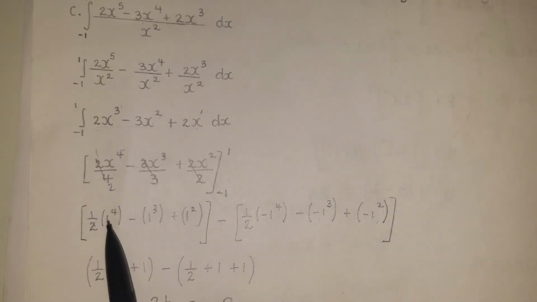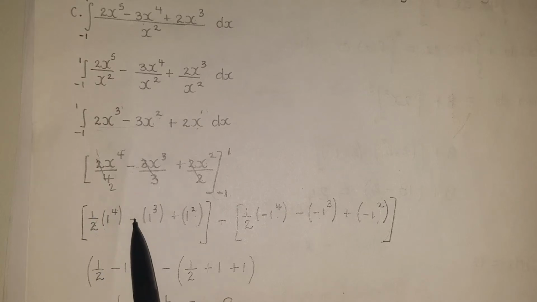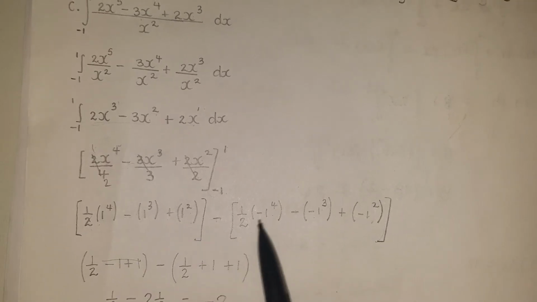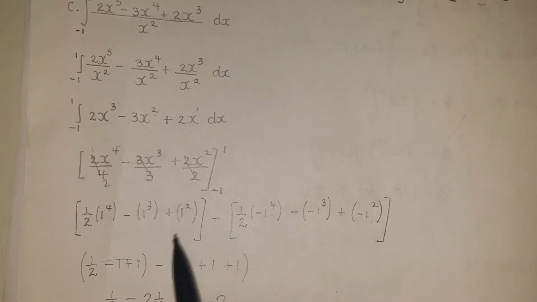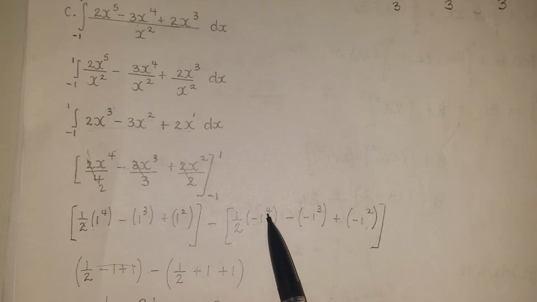Now we're going to simplify each bracket. 1 to the 4 is 1, so that gives us a half. This is minus 1 and plus 1, so those cancel. Now for this bracket, first we put our minus sign, and now we go to this bracket. Negative 1 raised to a power of 4 is a positive 1, so 1 times half is half.